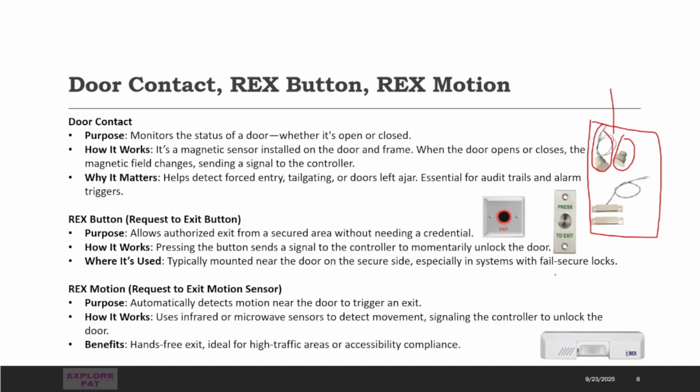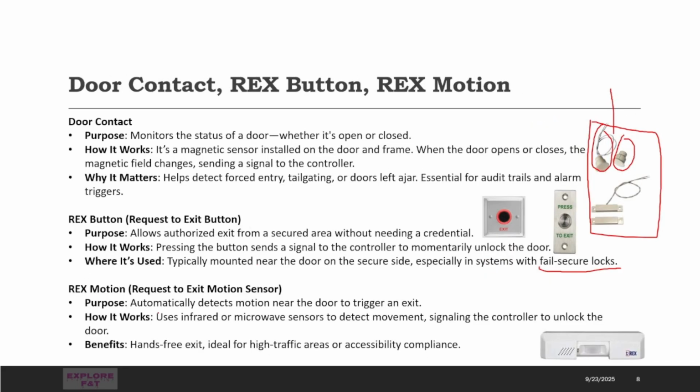Because if someone is inside and there is a power loss, those people have to be able to move out of the premises, so they are safe. Now, what is fail secure? Fail secure means if power is lost, the door should remain closed. Okay, so this is called fail secure. We use this in data centers, IT rooms, IT closets, very highly secured areas. We use fail secure locks there. Okay.